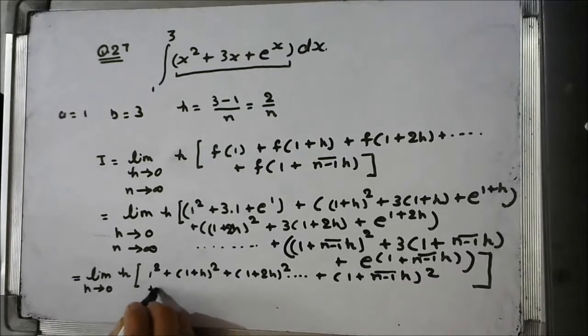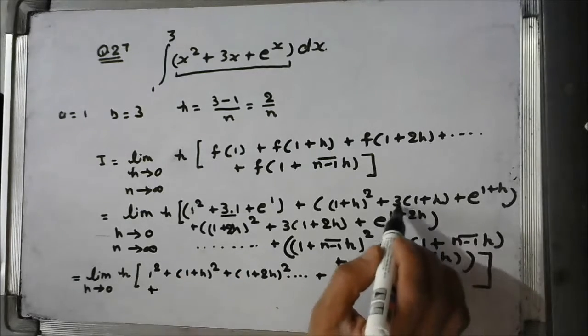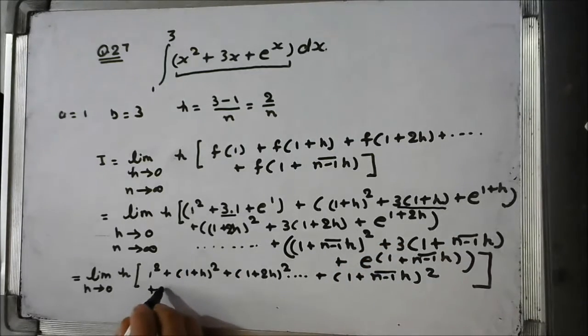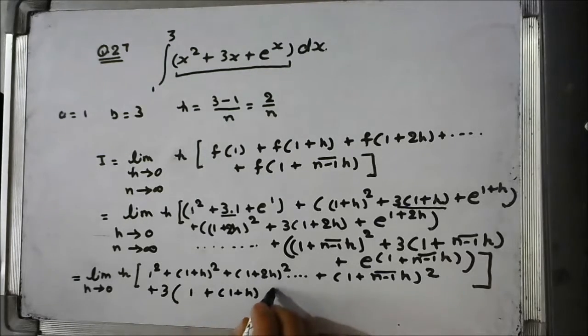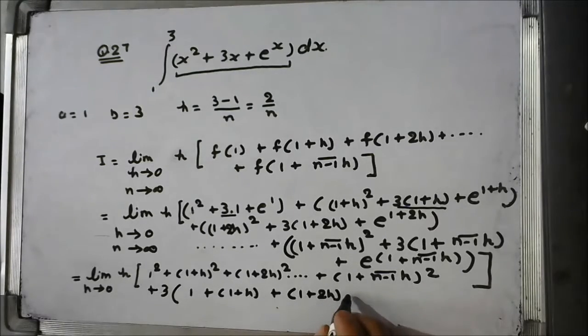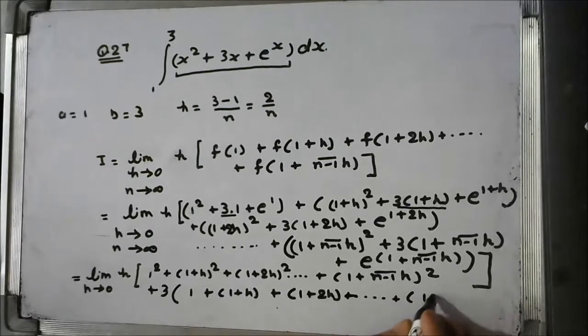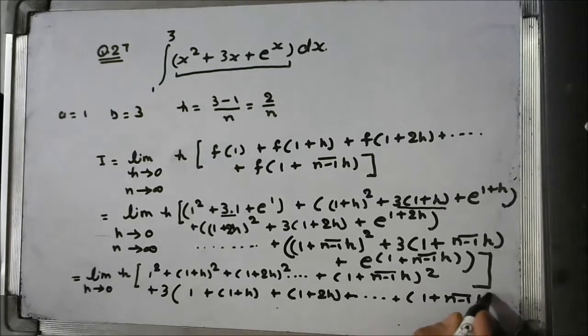Then in this term in each bracket, I can take 3 common: 1 plus (1 plus h) plus (1 plus 2h), going up to (1 plus (n minus 1)h).